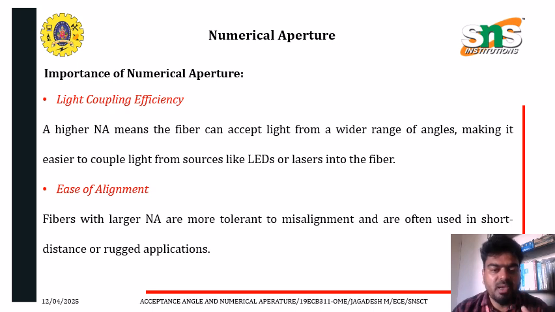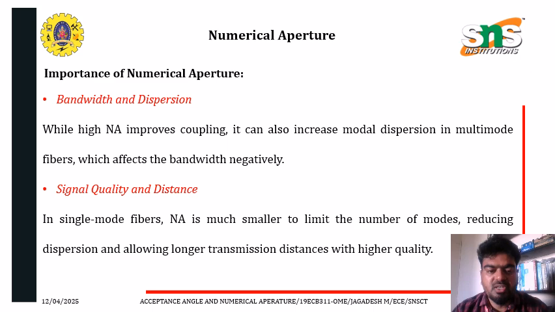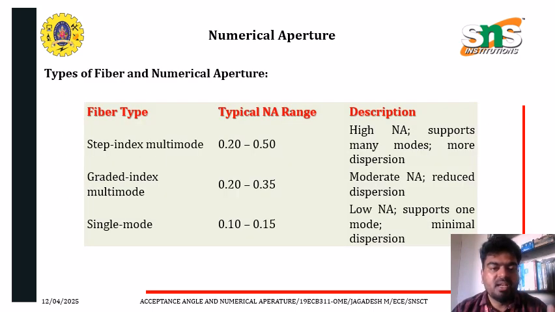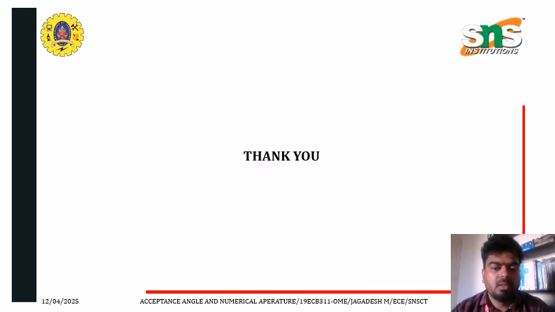Next is ease of alignment, bandwidth and dispersion, then signal quality and distance. These are the types of fiber and numerical apertures with values indicated. For step index multimode 0.20 to 0.50, graded index 0.20 to 0.35, and single mode 0.10 to 0.15. This is the typical numerical aperture range used in different kinds of applications. So thank you.